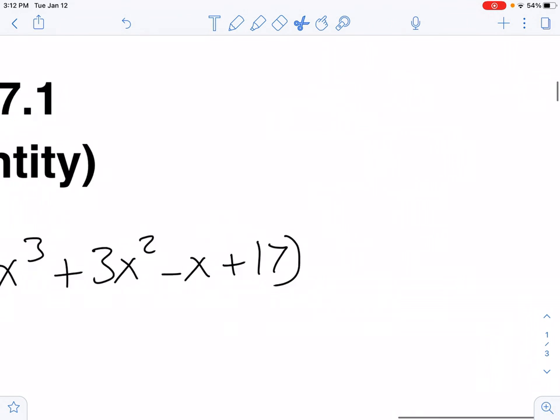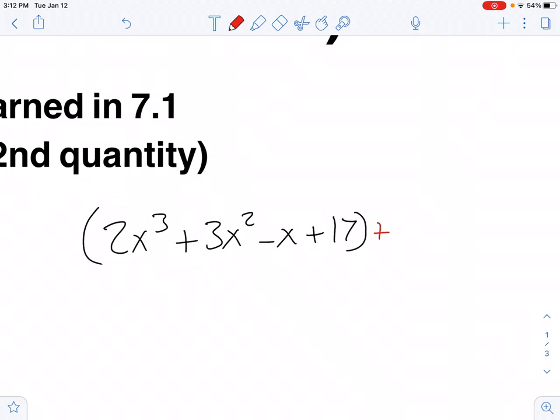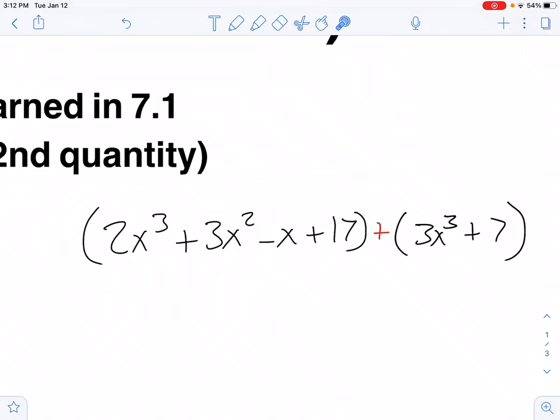So we could say plus this quantity here. Let's say 3x to the third plus 7. I don't know, a binomial. Okay, and then that addition is telling us that we're going to take whatever is in this group as it is, and it's going to get added to its like term in this group.